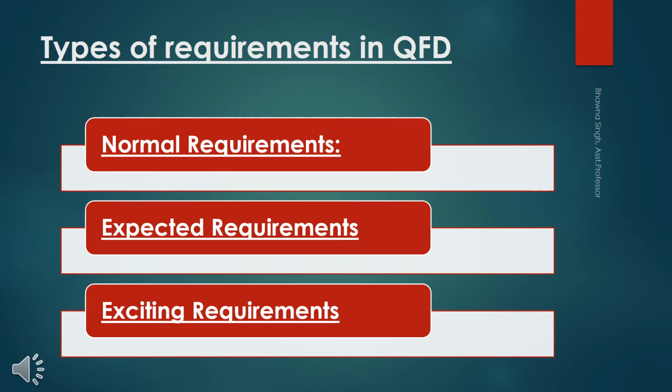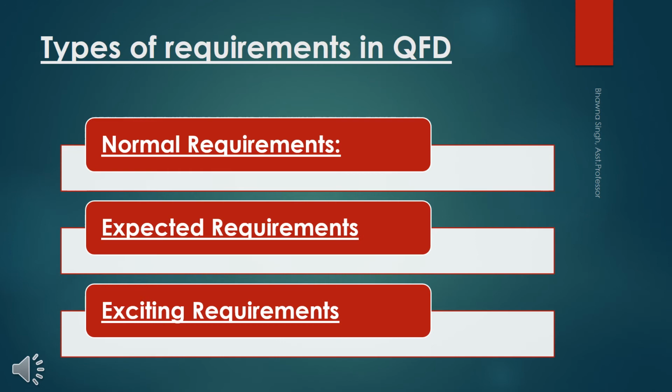Then we have the third type of requirement, that is the exciting requirements. These requirements are beyond the customer's expectations, and they prove to be very satisfying when the development team incorporates them into the product, because this makes the customer happier, and they are not expecting that much. So if they get so much satisfaction, these are very fruitful for them.